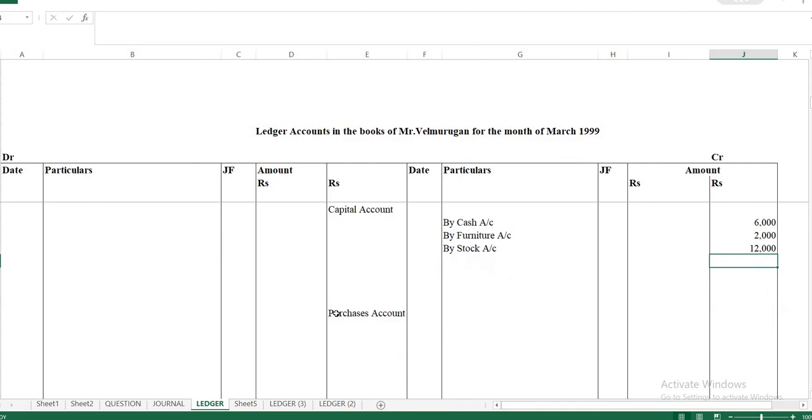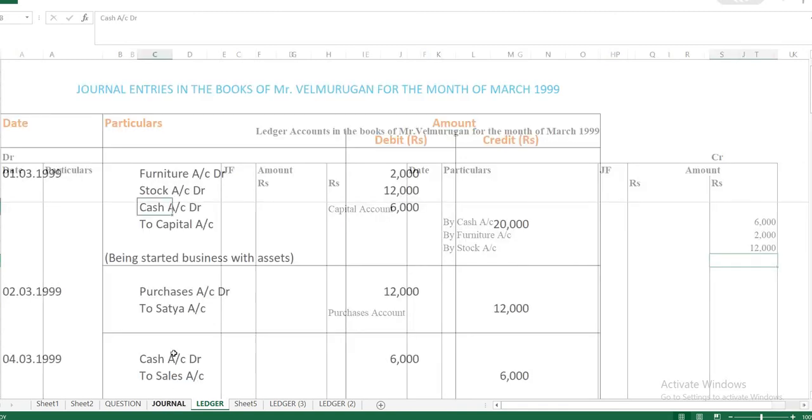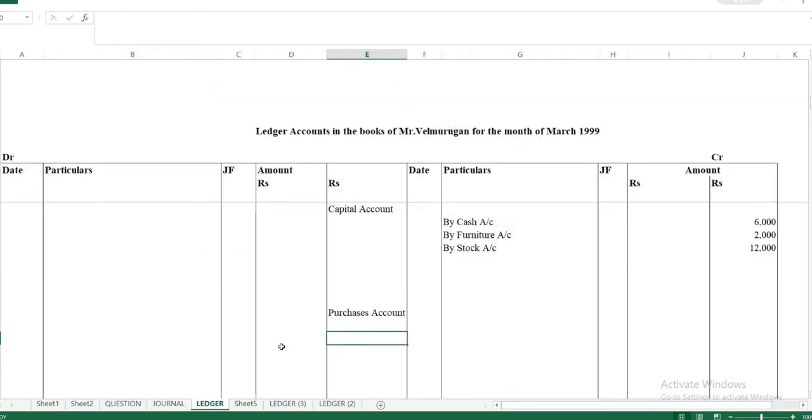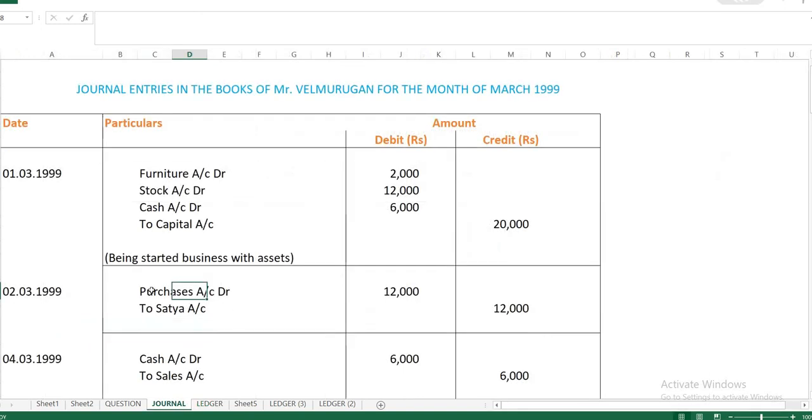Let us see what the other thing is. So the purchases account. Next, if we see, we opened the purchases account. You just look it over. Purchases account debit to Satya account, on the second, we made the entry like this.